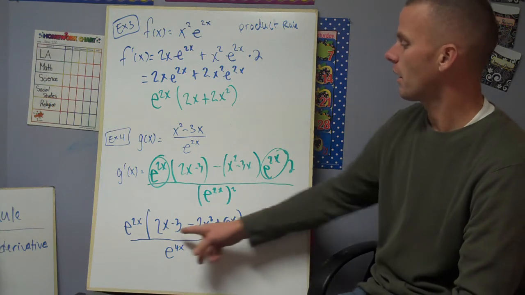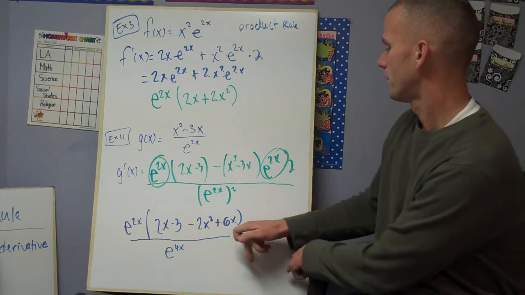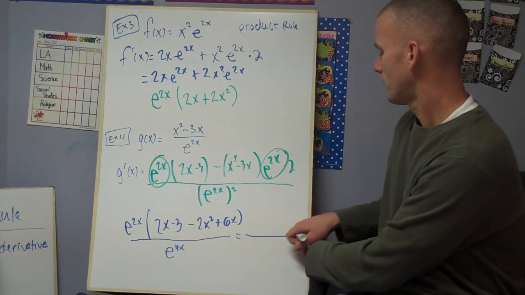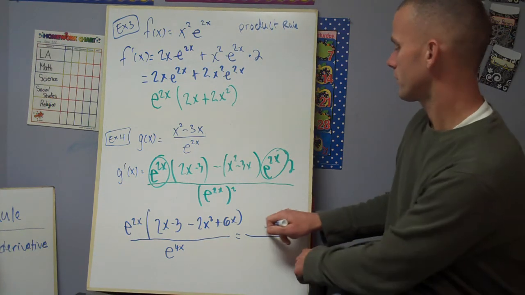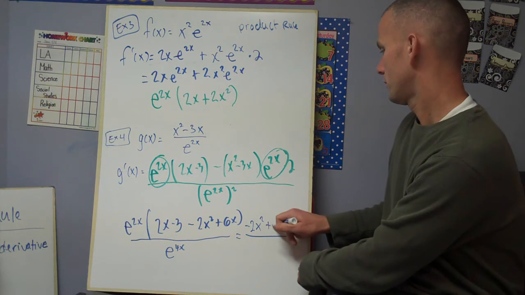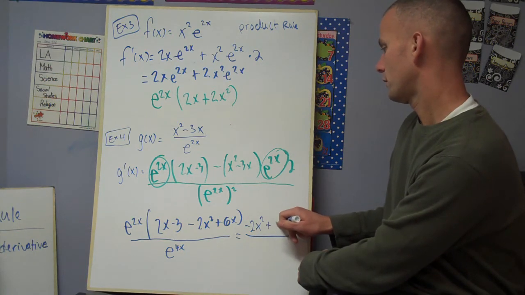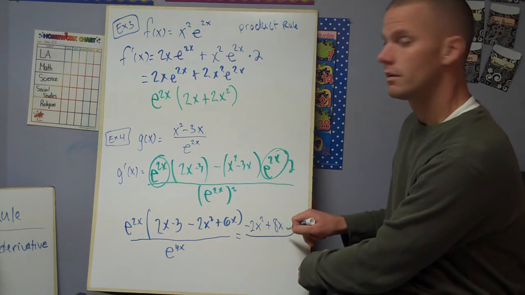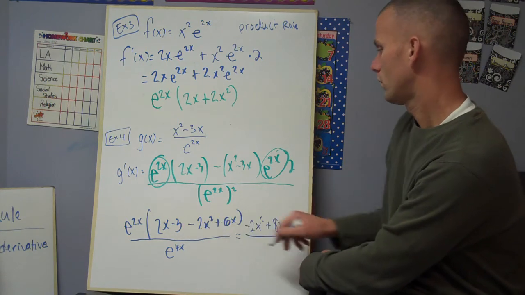So I can combine my like terms here, and so my final answer looks something like this. We've got negative 2x squared plus 8x minus 3.